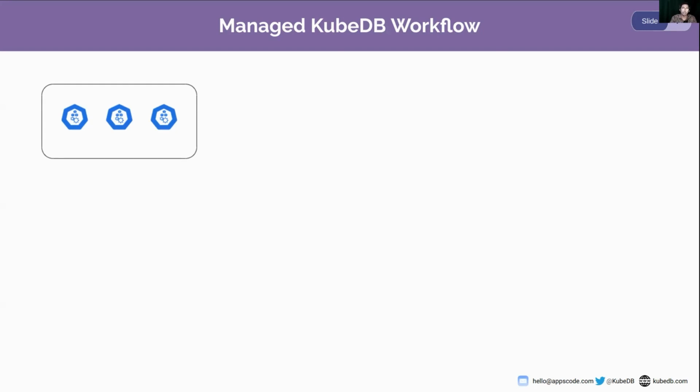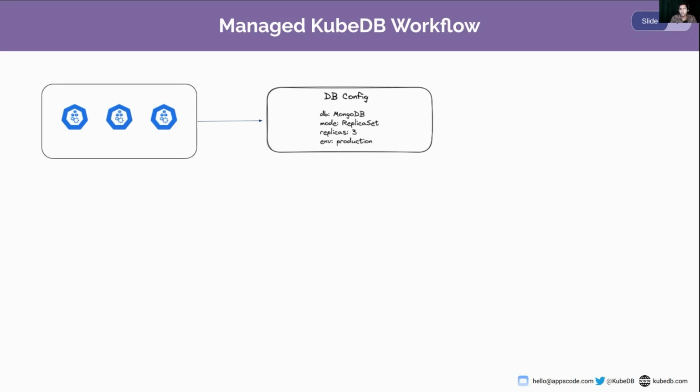And when the actual database cluster comes up, then you can tell us the database configuration, where you will have to say the minimum stuff. Let's say you are selecting the database as MongoDB, and you want a replica set containing 3 replicas, and you want to run this as a production environment.